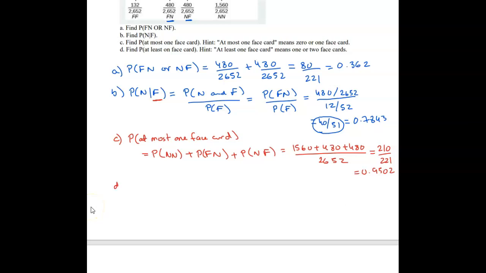All right, let's look at D. Probability of at least 1 face card. All right, so at least 1 face card means I can have FN, NF, and FF.